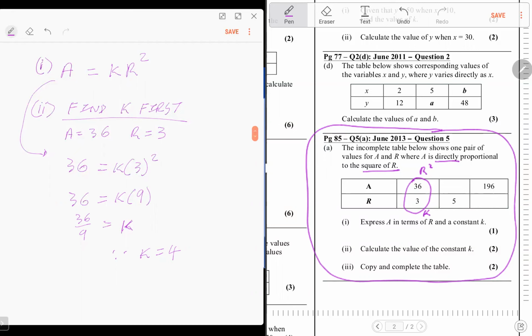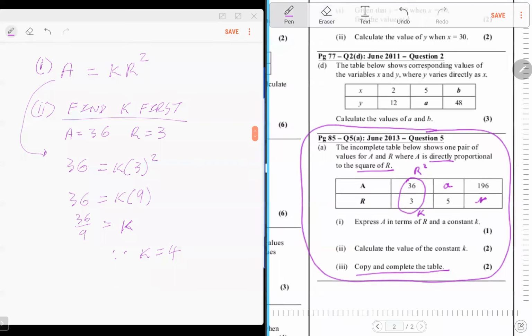And the last part now is asking to complete the table. To complete the table, we need to find the value here and the value there. Let's give those values letters so we can reference them. Let's say that this value is small a, and this value is small r. All right, so let's go now.